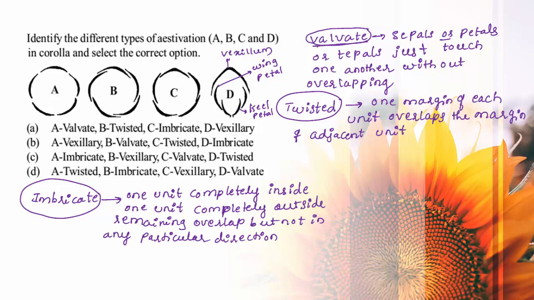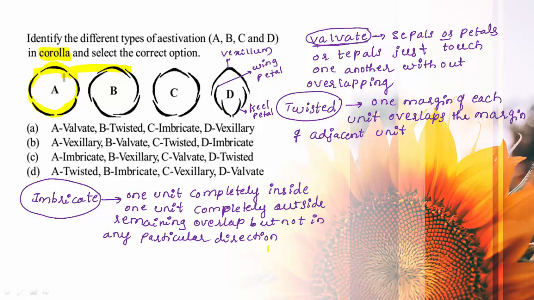So estivation is applied for all these structures, but here the question carries the term corolla, so better to explain this with respect to the petals, because the individual unit of the corolla is called a petal. So look at A. This is the first unit, the second unit, third, fourth and fifth.